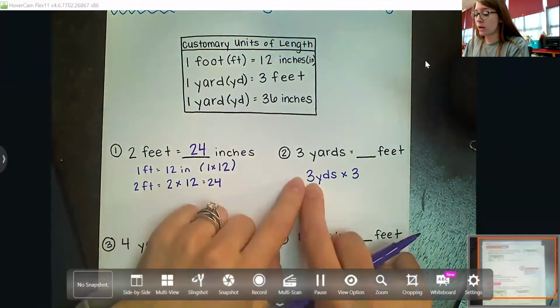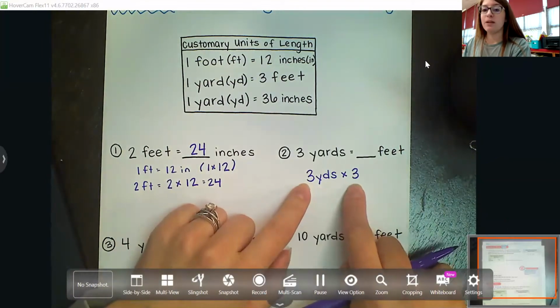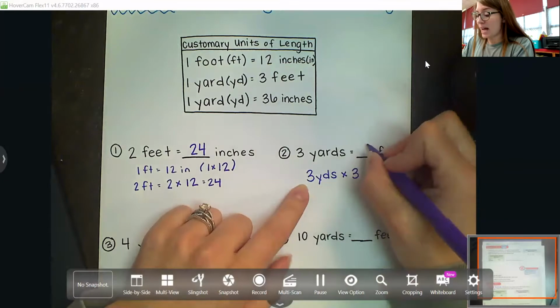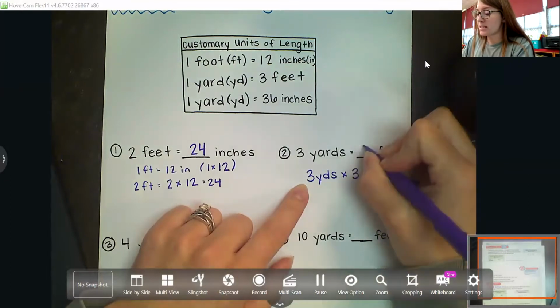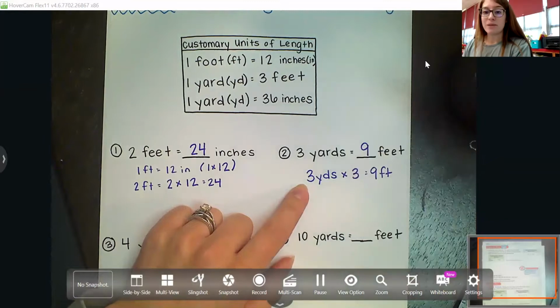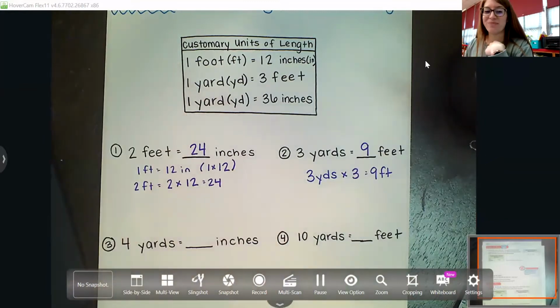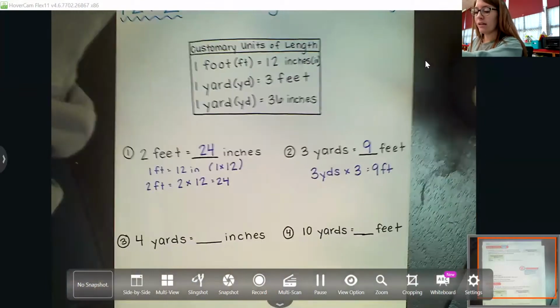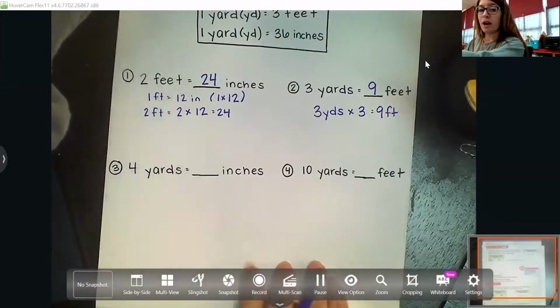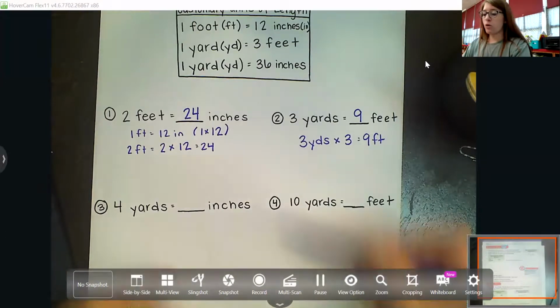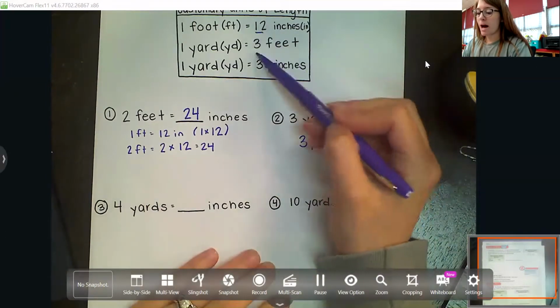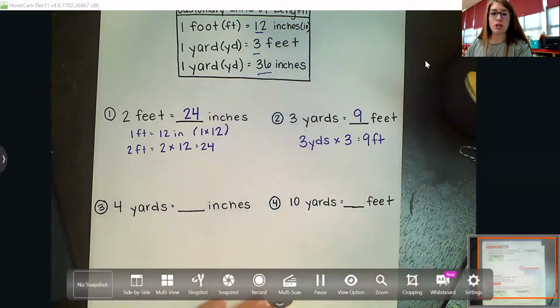So what is 3 times 3? Very good, it is 9. So 3 yards is the same thing as 9 feet. Very good. All righty. And with all of these conversions, we are going to be multiplying. Okay, so we're going to be multiplying by how many of each is in the measurement.